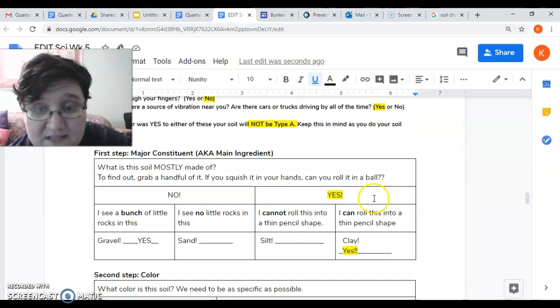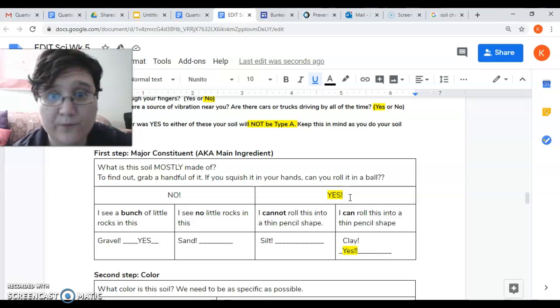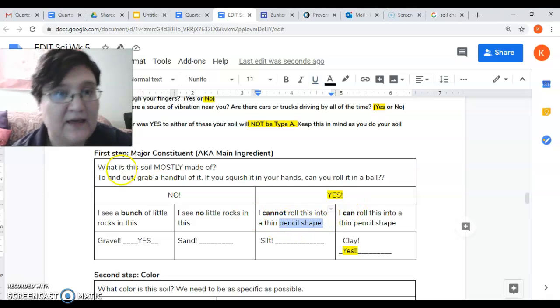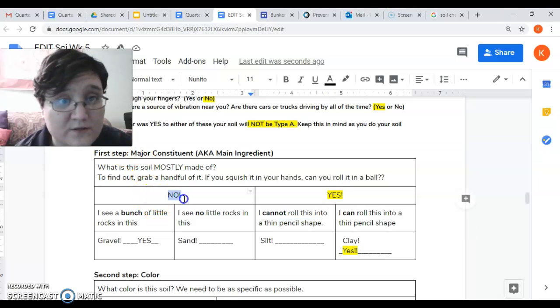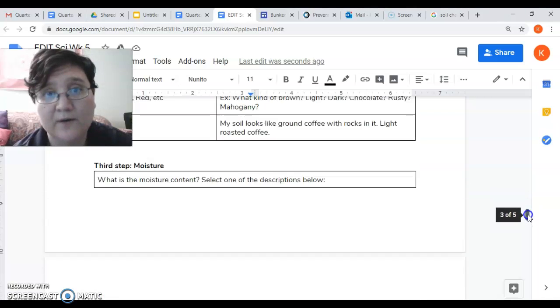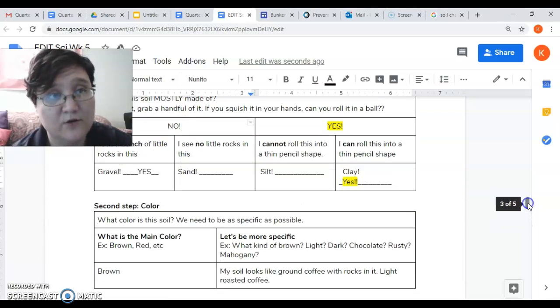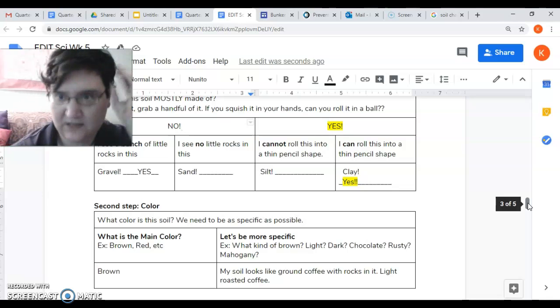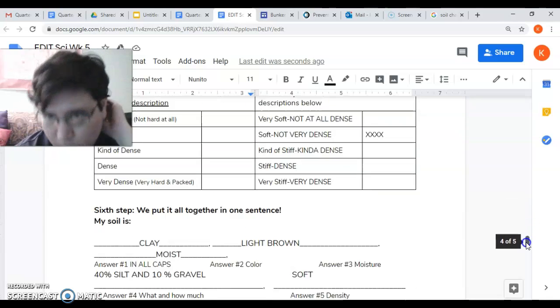Since I said yes, I could roll it into a ball, I already had to do the pencil test. If you couldn't roll yours into a ball, and you had to go this route, then you haven't done the pencil test, so you have to do it. But if you've already done it, rolling it into a long pencil shape and seeing if it holds, you don't have to do it twice.